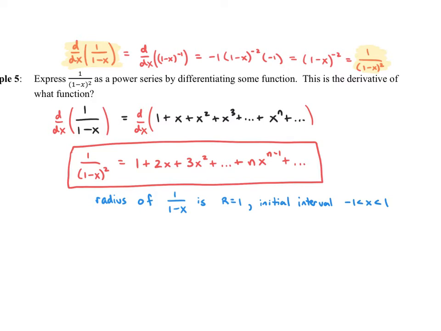What we have to figure out is, by deriving this, did we change the endpoints? So for example, if x is equal to negative 1, and I'm looking specifically at my general term here. Okay, I'm looking at what does the general term do. So I have the series n times (-1) to the n minus 1.